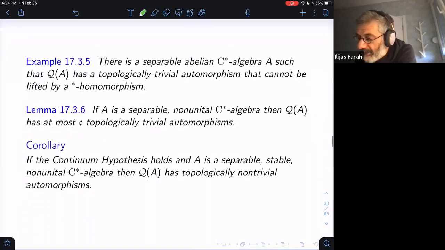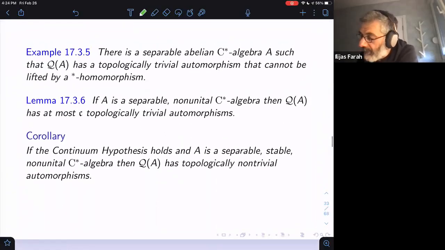And why is that important? Well, before, I stated something weaker, but if A is separable, stable, meaning that A tensor the compacts is isomorphic to A, and non-unital, then the corona has topologically non-trivial automorphisms. Why is that so?